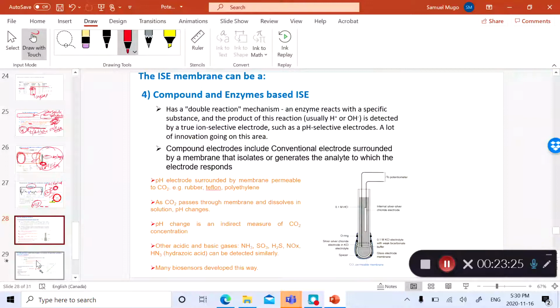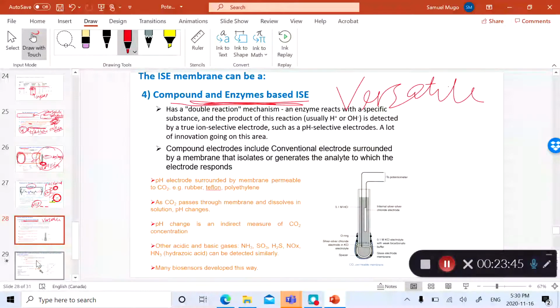Lastly, the other type of ion selective electrode category or membrane is what you refer to as compound or enzyme-based ion selective electrodes. And again, these ones are very versatile. You can almost make anything using these types of ion selective electrodes. But the way they work is, for, say, the compound electrode, is where you use a very common type of electrode, such as a pH sensor. Okay?